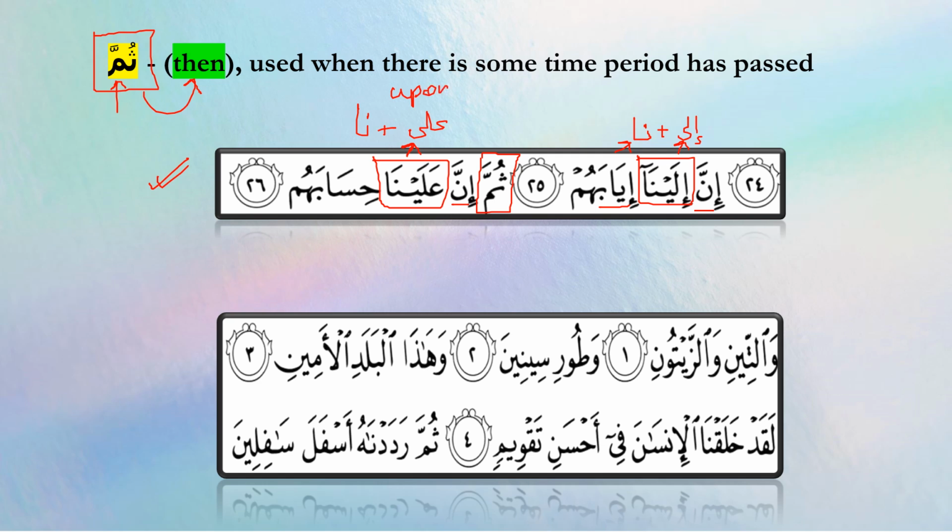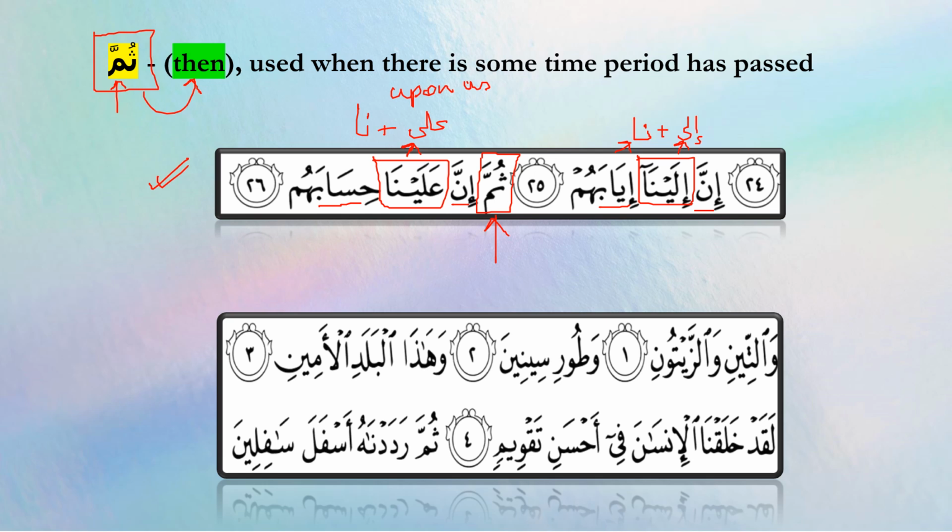Upon us means upon Allah subhanahu wa ta'ala, that surely it is upon Him the accountability. Hisab means the accountability of what? Whose account? The people's accountability for the good deeds or the bad deeds that he did in this dunya. So there is a time period here between death and accountability. The accountability doesn't start immediately after death, but there is some time period.